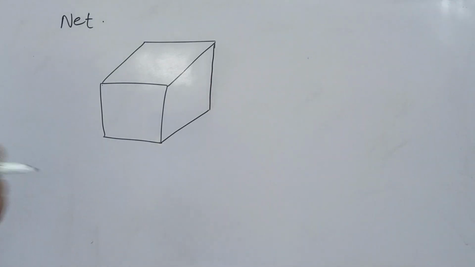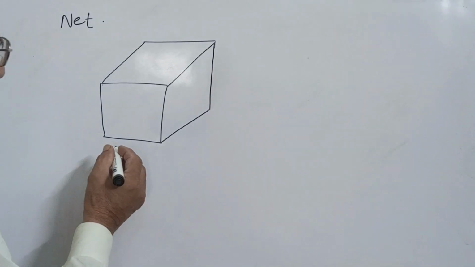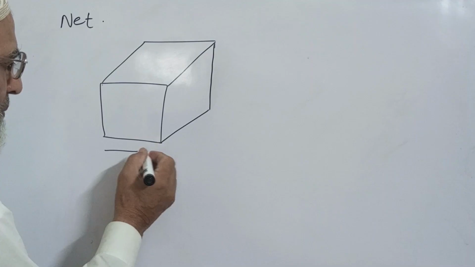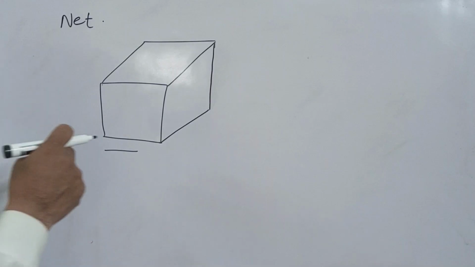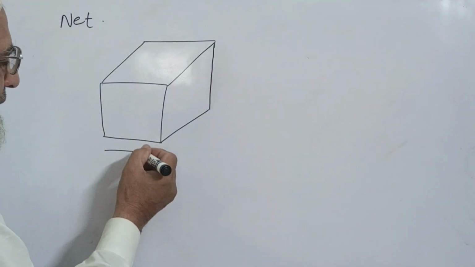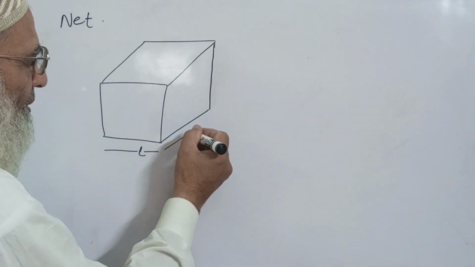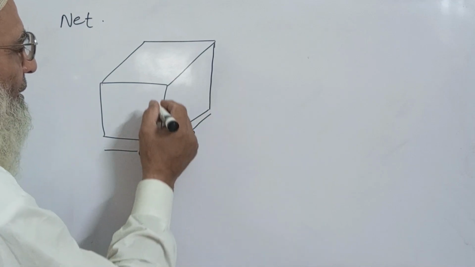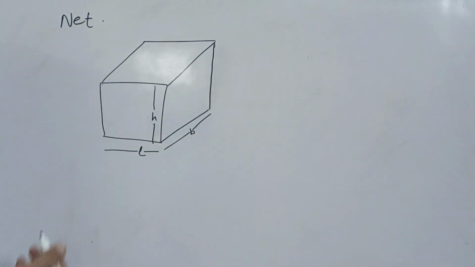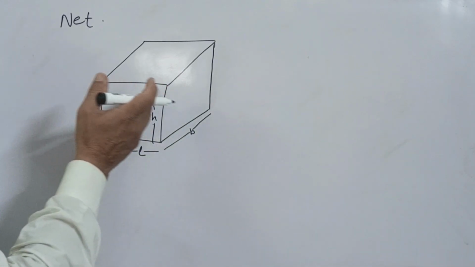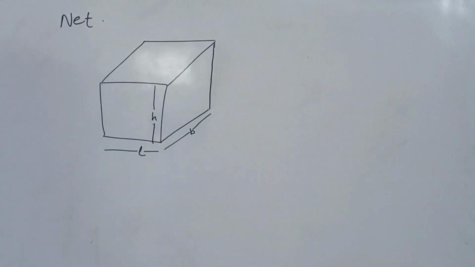Now this sort of figure is called a 3-dimensional figure because there are 3 dimensions visible in this diagram. How? You see that this is the length, this is the breadth, and this is the height. Since it is a cube, length, breadth and height are the same in this specific figure, so it does not matter which is length, which is breadth, and which is height.